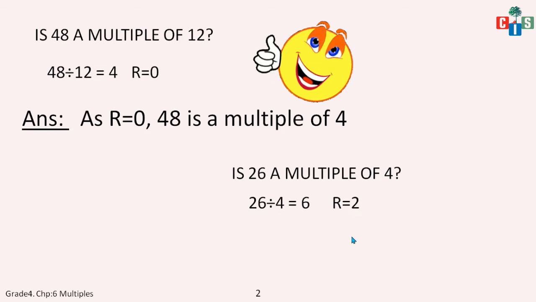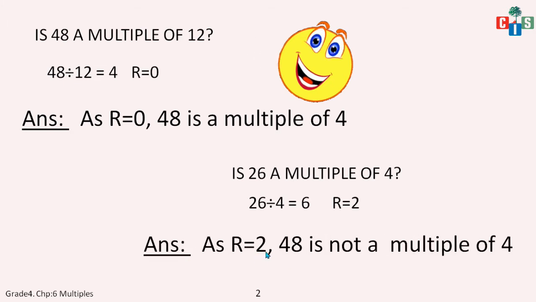Something is left behind. As something is left behind, I can say that 26 is not a multiple of 4. 26 will not come in the table of 4. So as the remainder is 2, 26 is not a multiple of 4.